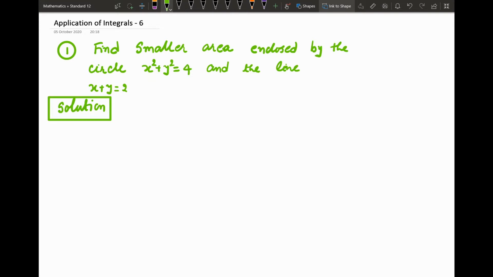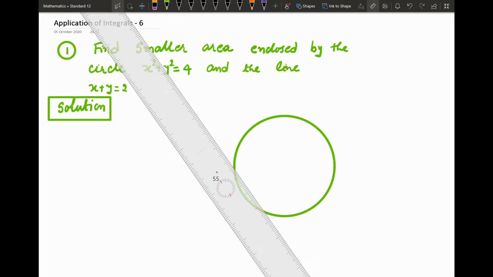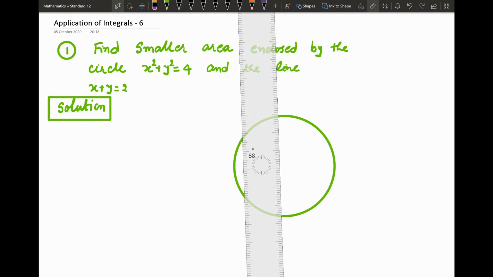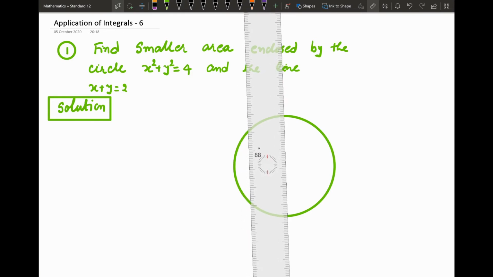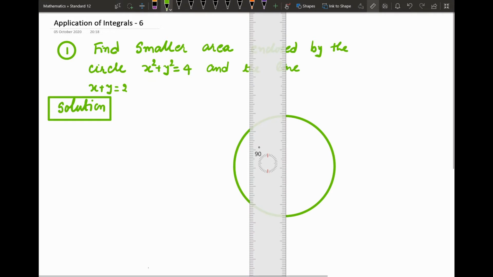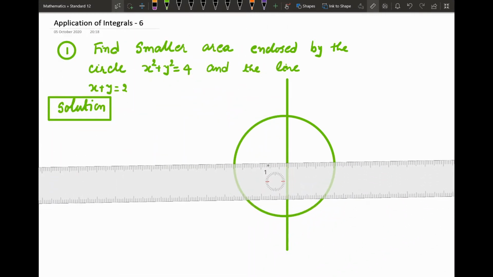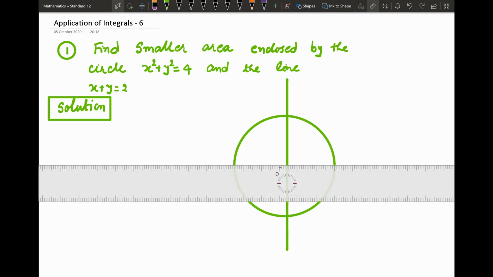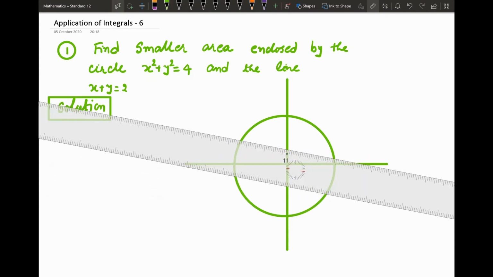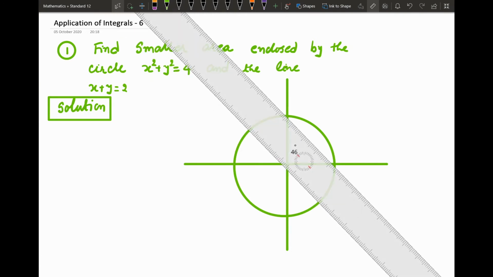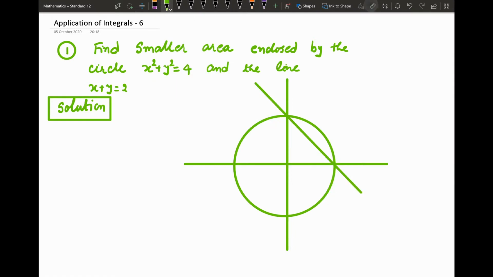Find the smaller area enclosed by the circle x square plus y square equal to 4, that is, a circle with center 0, 0 and radius 2, with the line x plus y equal to 2.